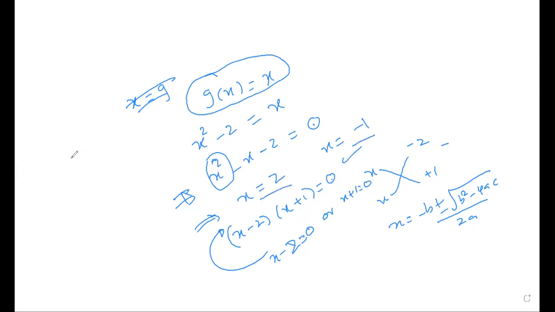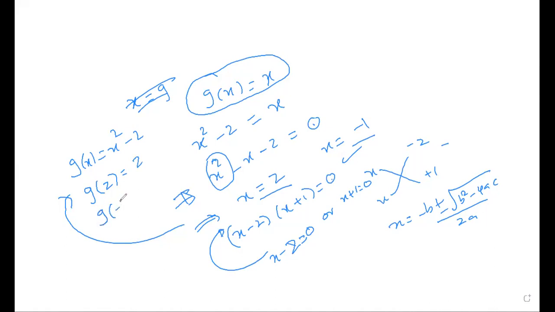If you put that into x, we have g(x) is x squared minus 2, no? So if you put this x into it, let's say g(2). g(2) will be what? 2 squared is 4, 4 minus 2 is 2.